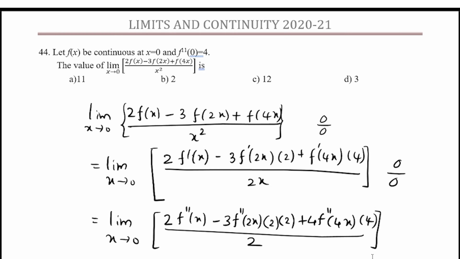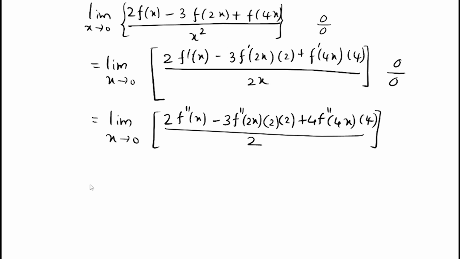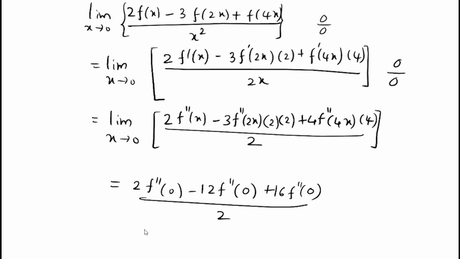Okay. Then put x equal to 0: 2 f double dash 0 minus here 3 into 2 into 2, how much? 12 f double dash 2x at x equal to 0, 2 into 0, 0. 4 into 4, 4 into 4 is 16, 16 f double dash 0 divided by 2.